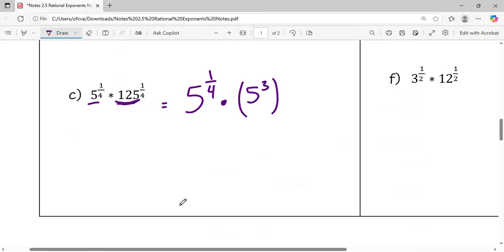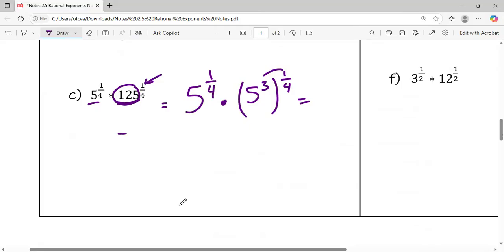Now, that's just this base. There's still a power of 1/4 right here. So that goes out here. And remember, you're using properties of exponents. These are exponents. They just happen to be fractions, but the rules are the same. Rules of exponents are the same no matter what type of numbers you have. So power of a power, you're multiplying.